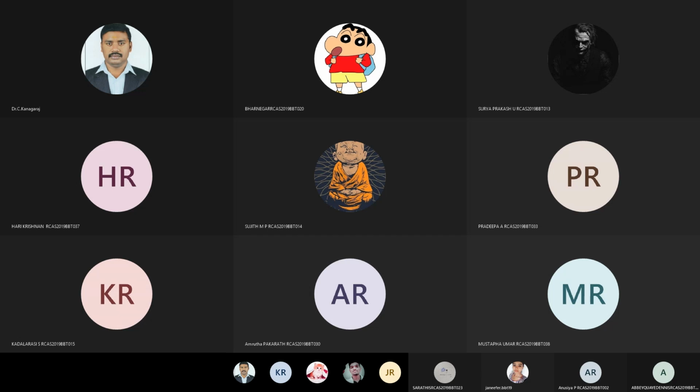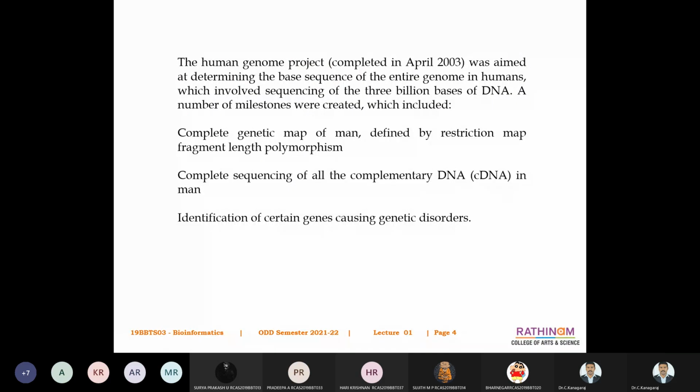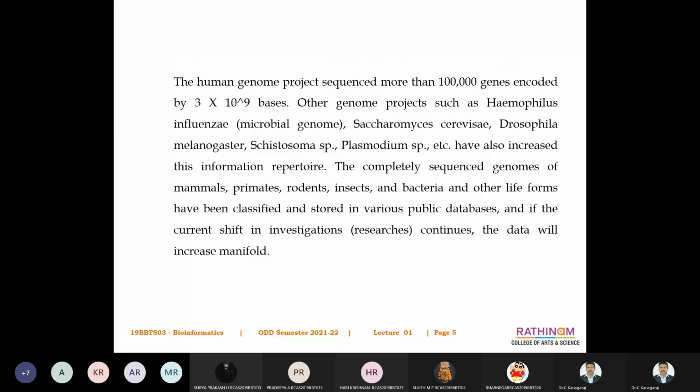Yeah, will connect. Yeah. Now you can able to see the, okay.